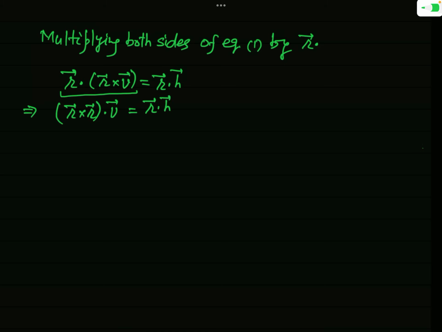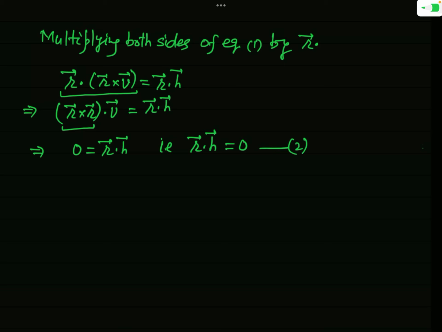Can you say what is this r cross r? Definitely this will be simply 0. So this LHS is 0, so 0 is equal to r dot h. That is, r dot h is equal to 0. Say this is equation 2.